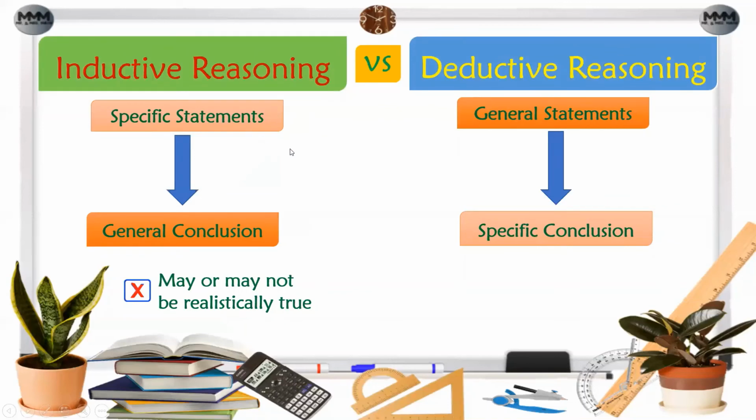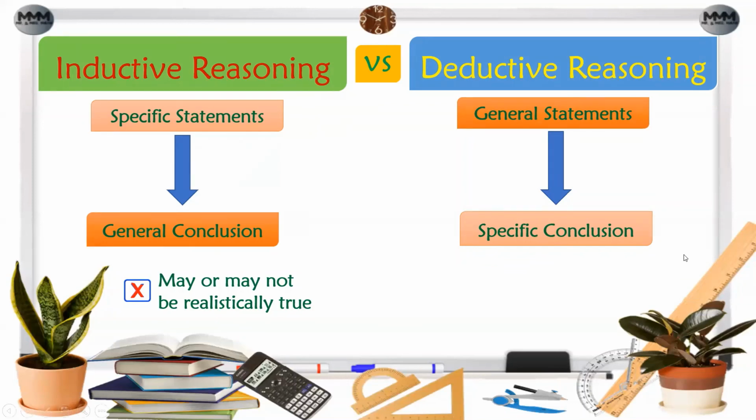Why? Because you're just basing it from specific statements and then you arrive at a general conclusion. The general conclusion is what we call the conjecture. Again, the conjecture can only be true if we prove it to be true.